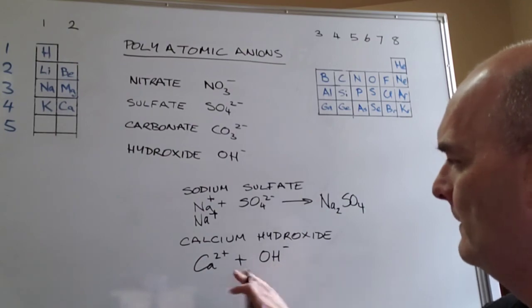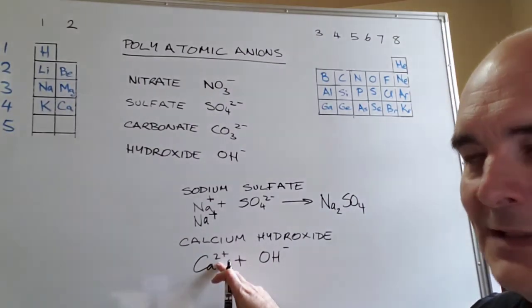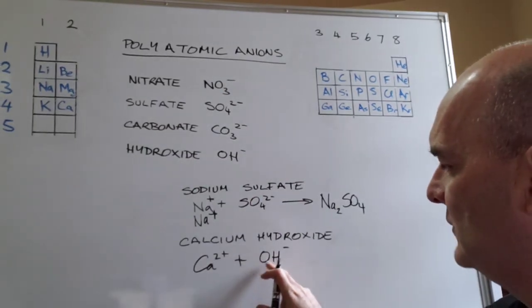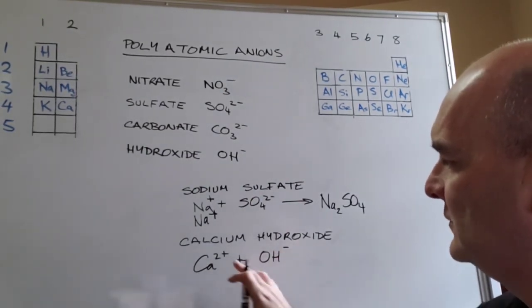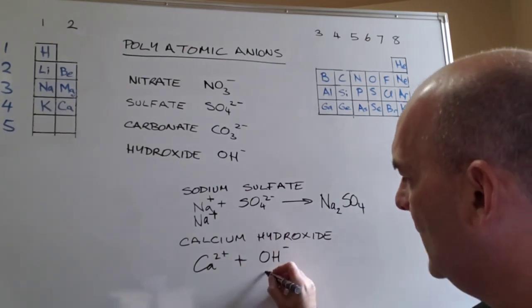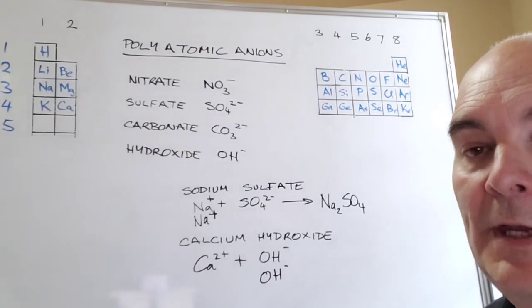Calcium hydroxide. Calcium is in group 2, makes a 2+ cation. Hydroxide is OH minus. That 1 minus will not cancel those 2 pluses. I'm going to need another hydroxide.